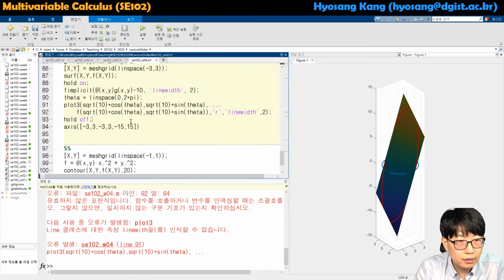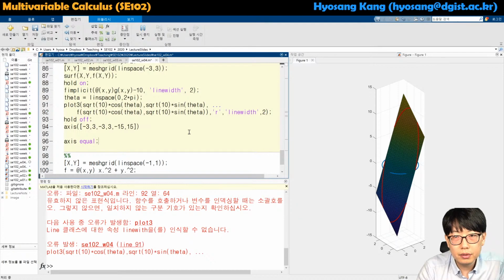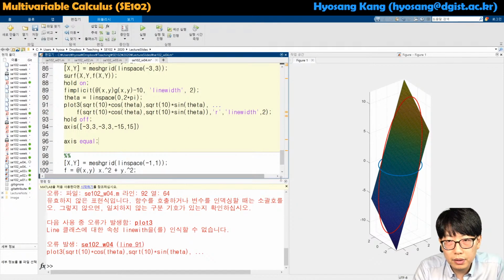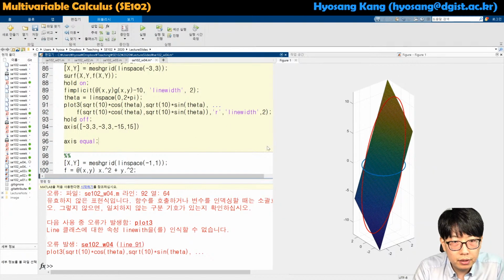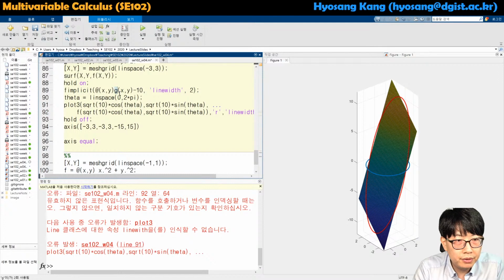Alright. Somehow I think it's because of the fimplicit that the x boundary and y boundary don't get larger than minus 2 to 2, but anyway, you see what I'm saying here.